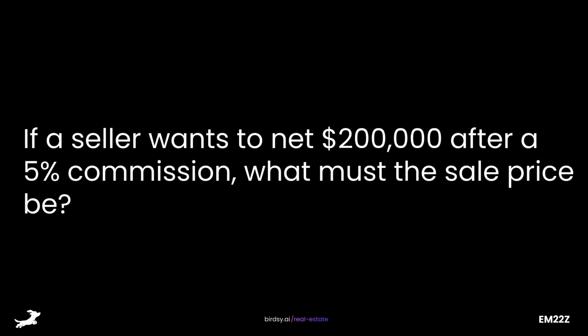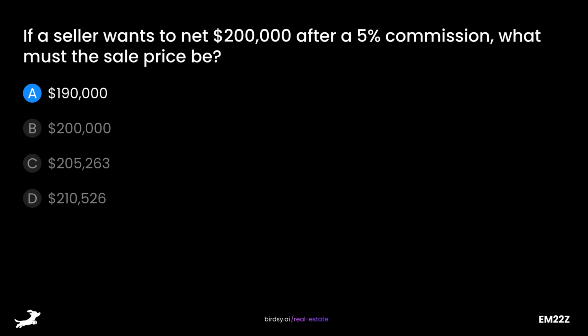If a seller wants to net $200,000 after a 5% commission, what must the sale price be? Is it A, $190,000, B, $200,000, C, $205,263, or D, $210,526?